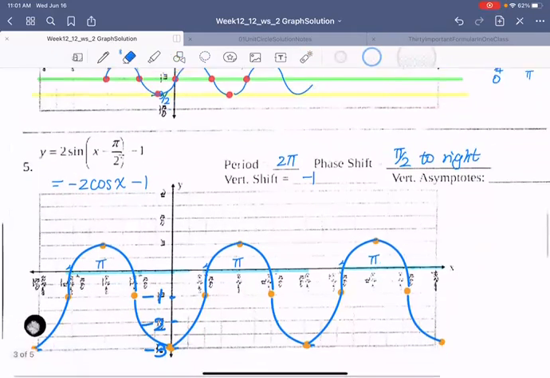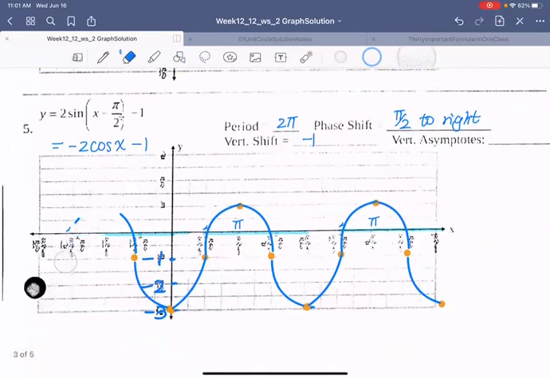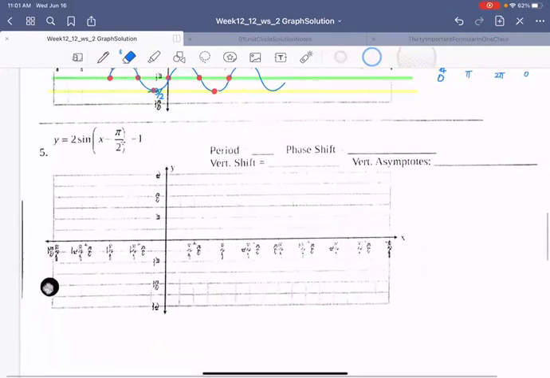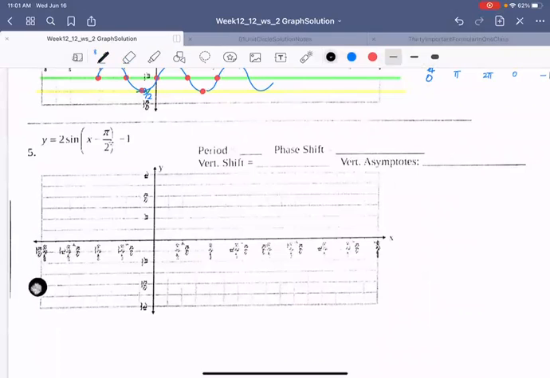Next, Julia, let's do number 5. Go ahead, please. Okay. So the period is 2 pi. Very good.